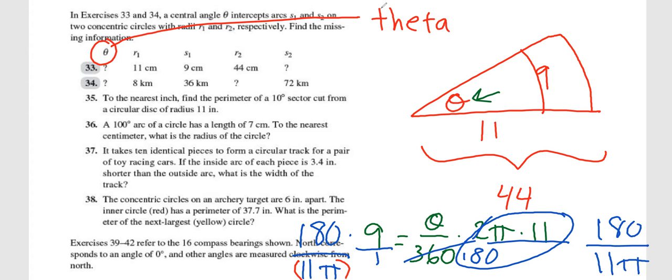So, 180 times 9 divided by parenthesis 11 pi. How many degrees are we talking about? 180 times 9 divided by 11 pi. Let's figure out how many degrees.